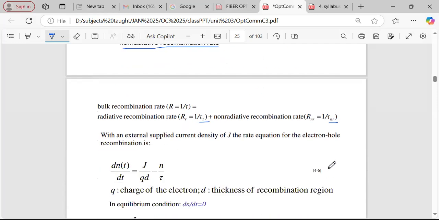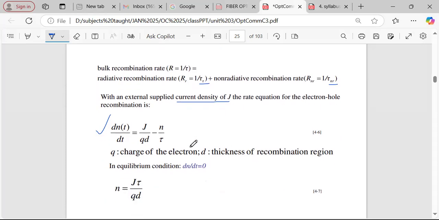When we apply an external current density having magnitude J, then the rate equation of the electron hole recombination is given by J by QD minus n by tau. Here J is the current density, Q is the charge, and D is the thickness of the recombination region. In the LED, we have seen the active region is basically the recombination region where all these phenomena are going on.